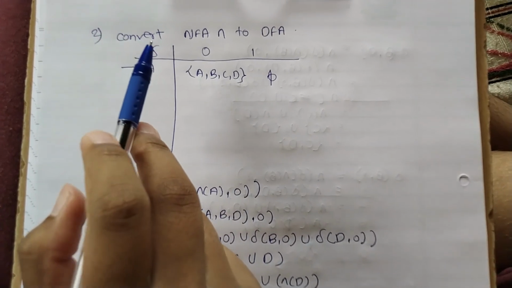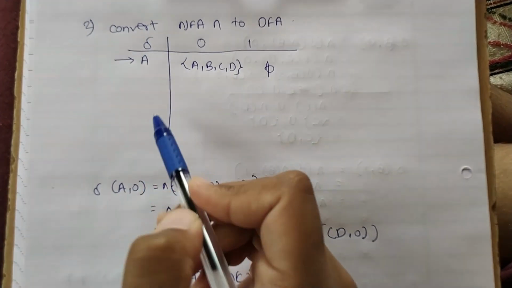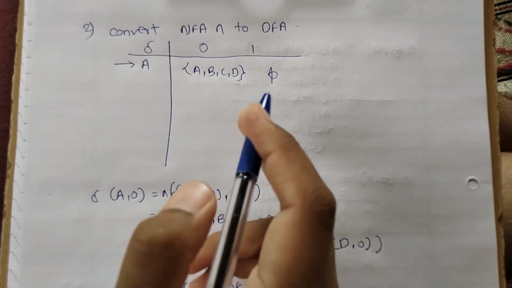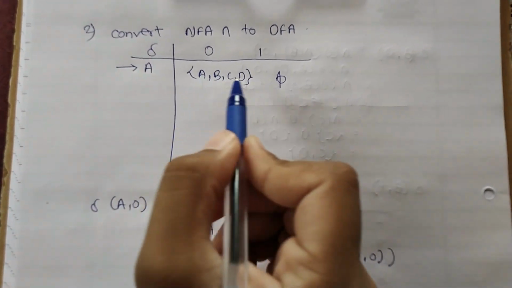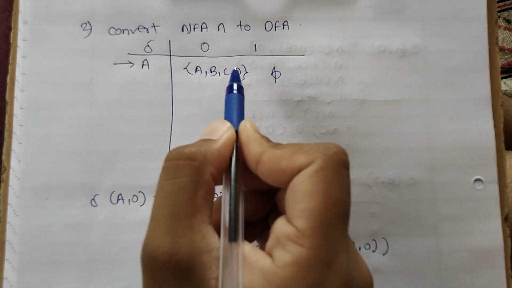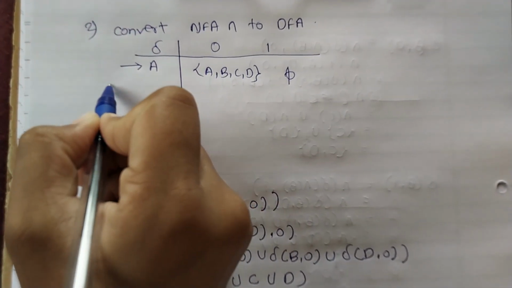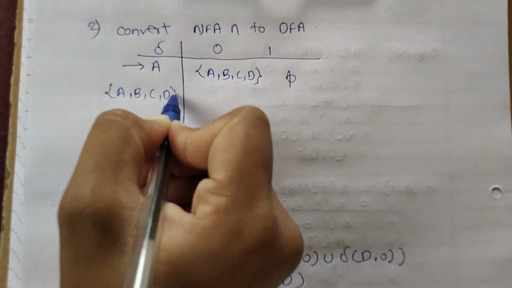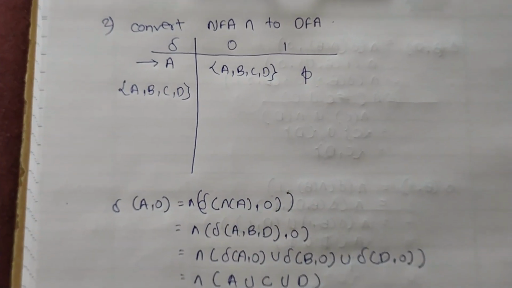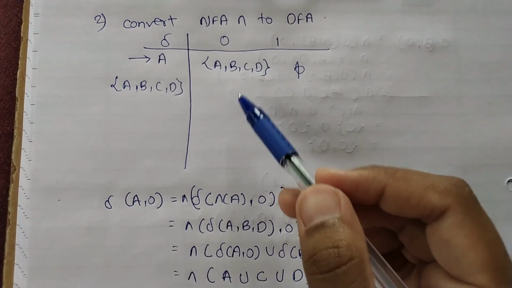But in the NFA, after A we take B then C, D; we take all these states as they are. But in the DFA we do not do this. We now take this first transition as a state, the whole state. So this A, B, C and D is one state now. In this way, I hope you now get the idea of what we perform here.